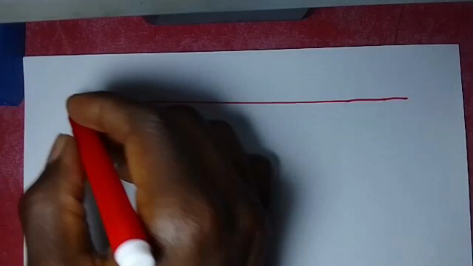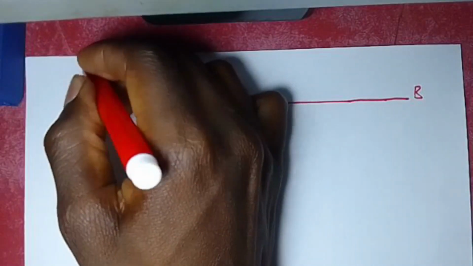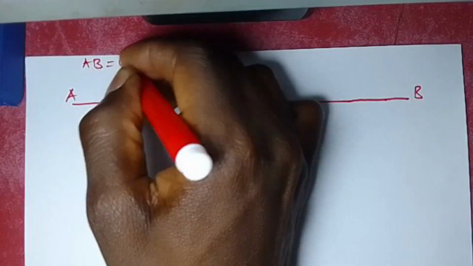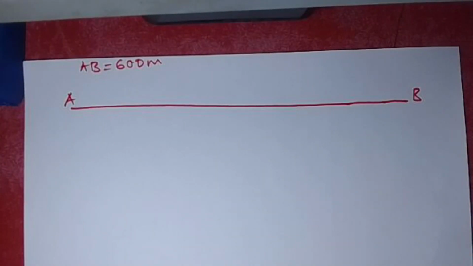So A to B, and they have told us AB is 600 meters long. So AB equals 600 meters. Then they are telling us that it is fed at both ends with 220 volts.